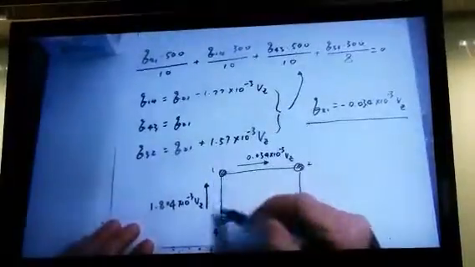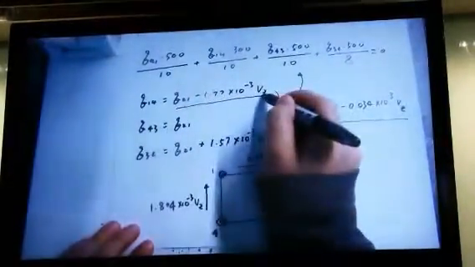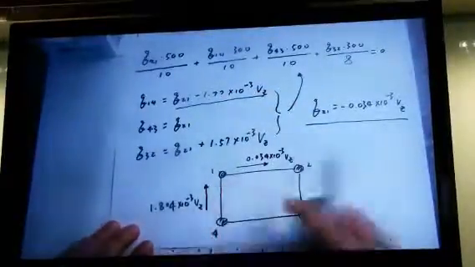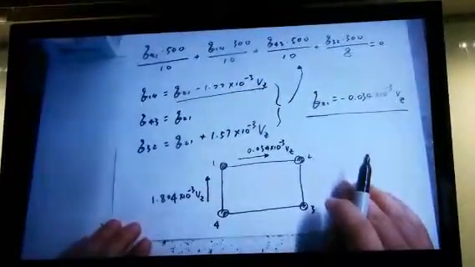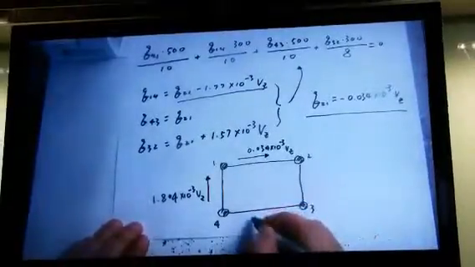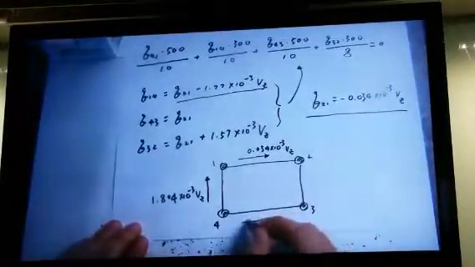This is from 1 to 4. I use 2, 1 in this formula, I get this number. Okay? And 3 to 4, from here to here.